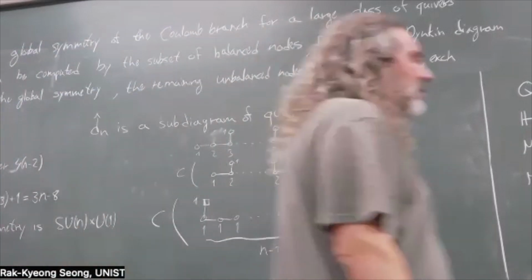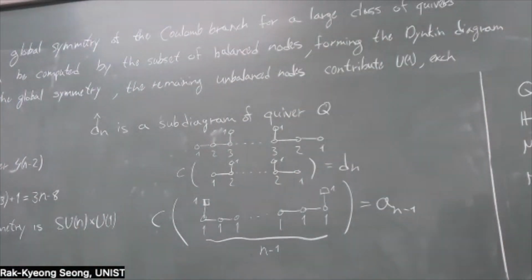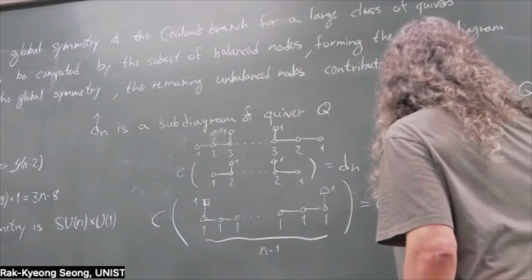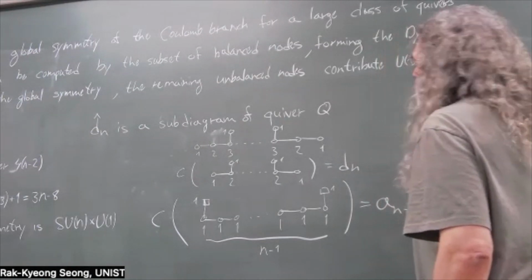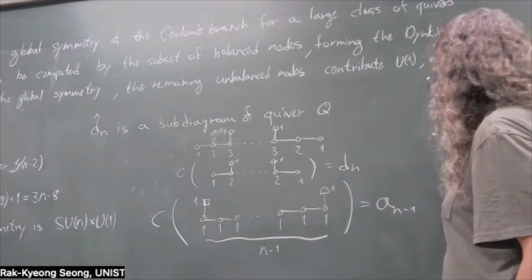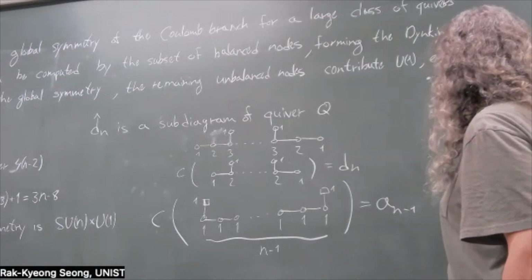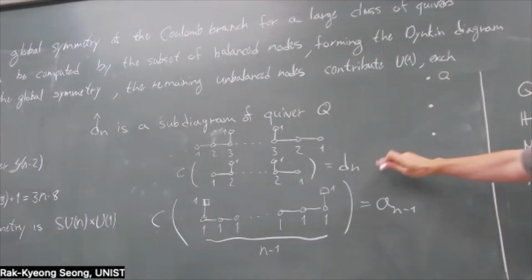So now let's write this information into a diagram. I start with this quiver here, Q. I subtract the D_n.